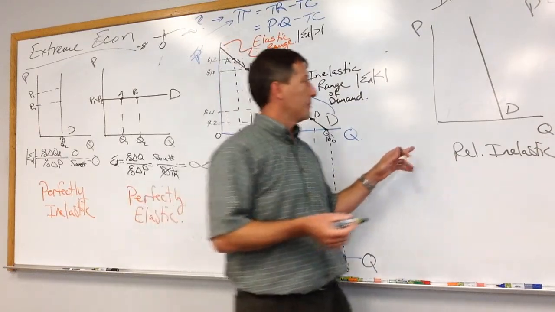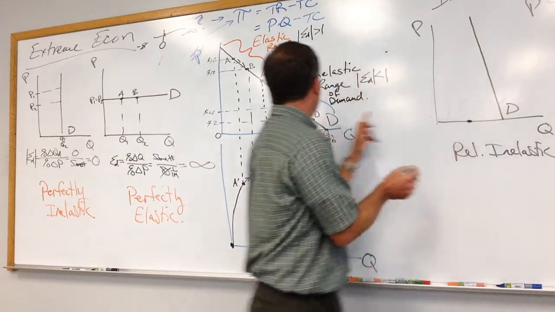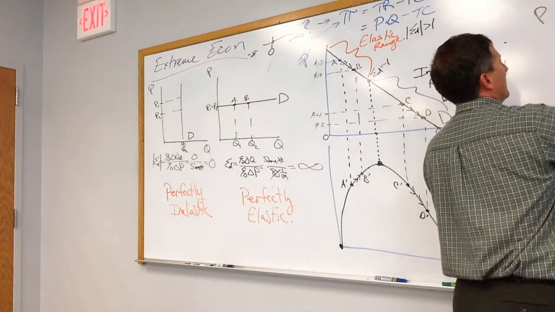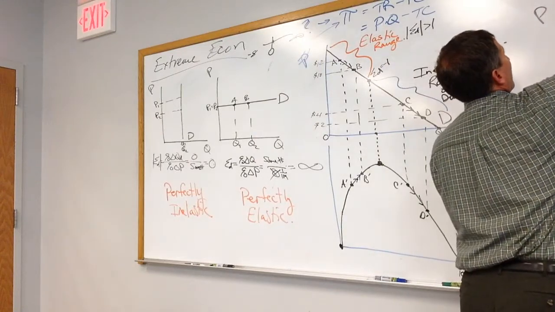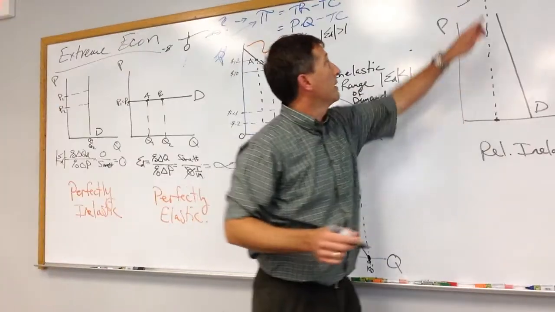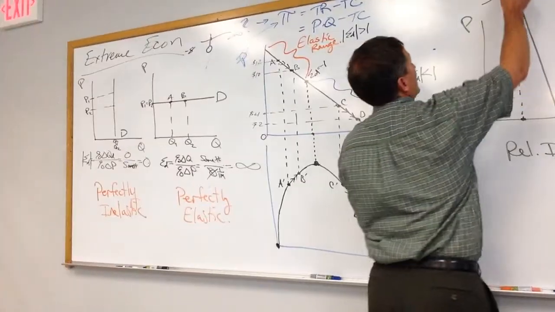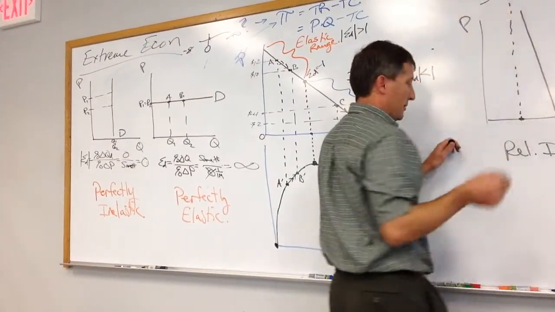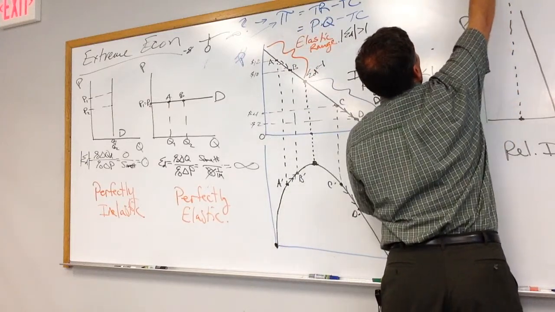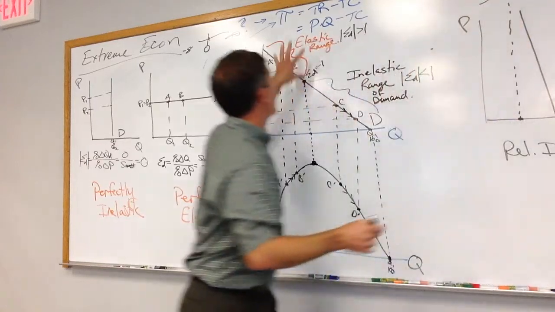We call it that because we can still break it apart. If I take the little midpoint thing, just like I did here, up here, right there, is unitary elastic. And this portion up here is the elastic range.